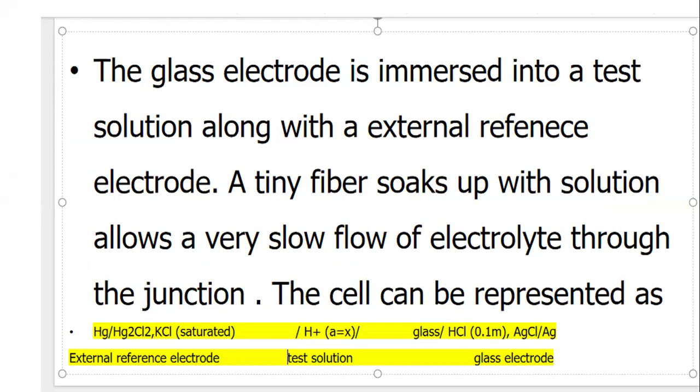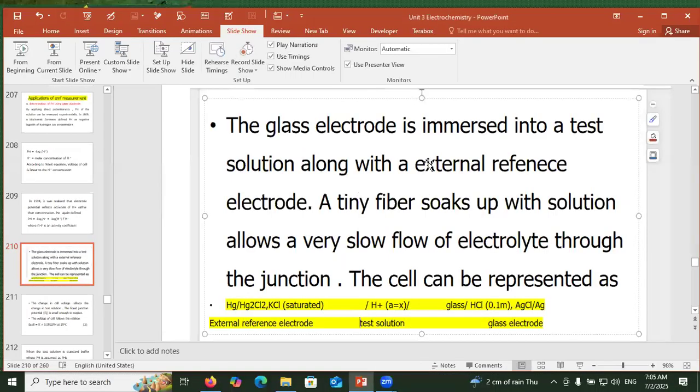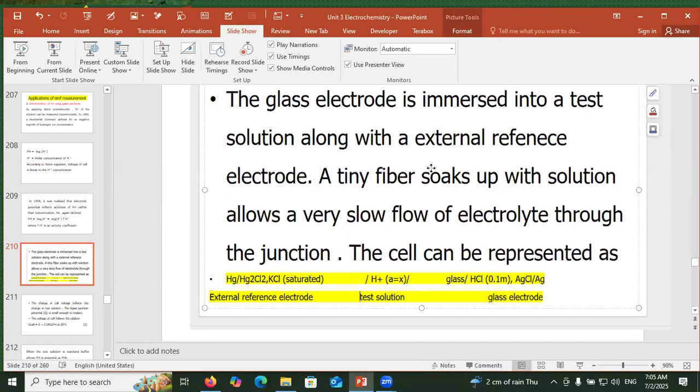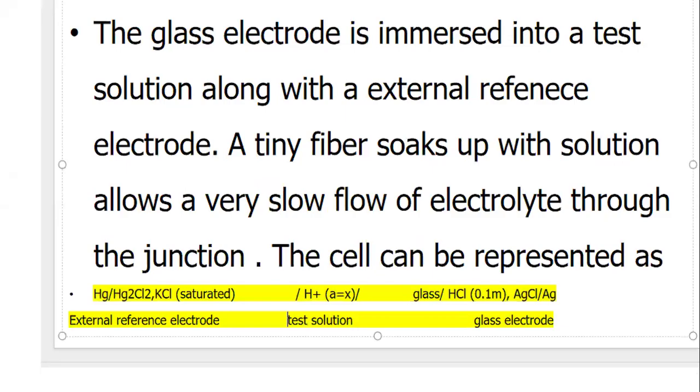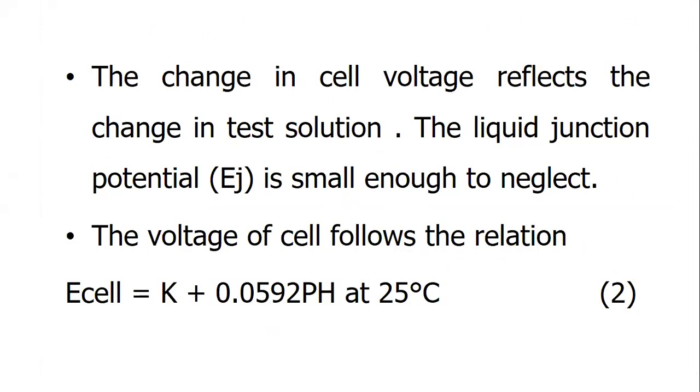A tiny fiber soaks up the solution and allows a very slow flow of electrolyte through the junction. The cell can be represented as follows. The change in the cell voltage reflects the change in the test solution.